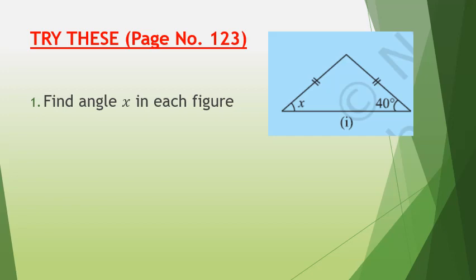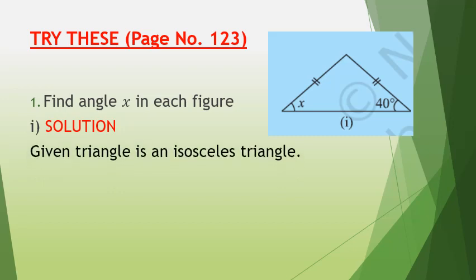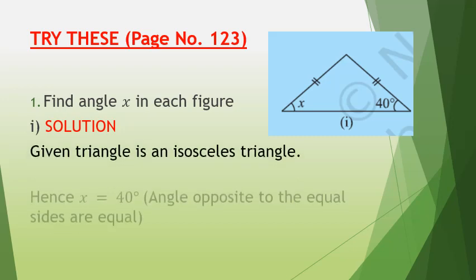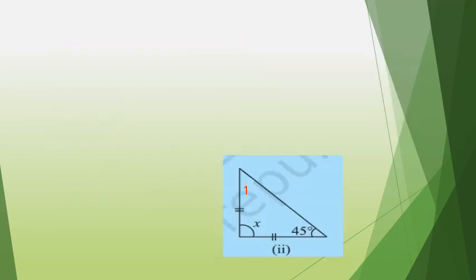It has two sides of equal length and the base angles are equal, that is the angles opposite to equal sides are of equal measure. So the X is also 40 degree because that is the angle opposite to the equal side.